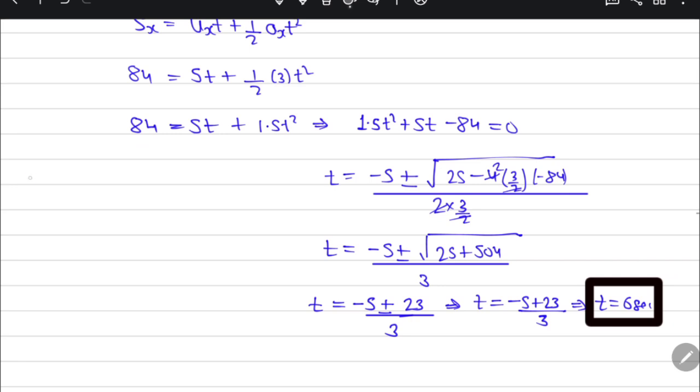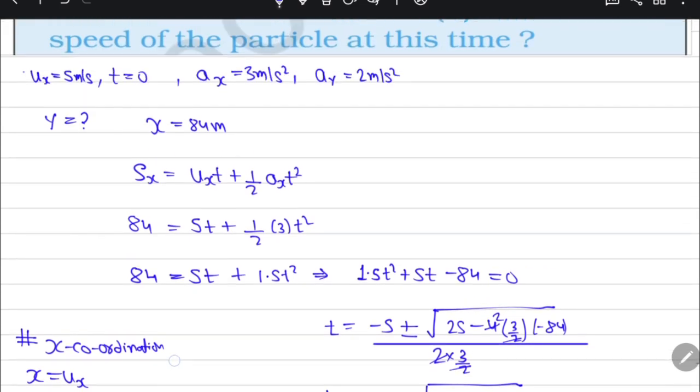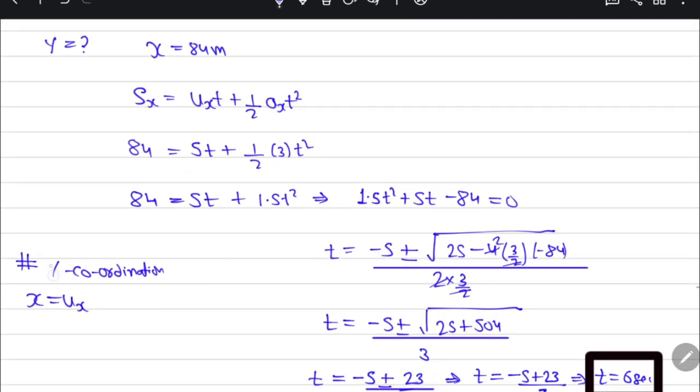Now we can directly find the coordinate. We have to find, sorry, the y coordinate. So y is equal to uy t plus half ay t square.